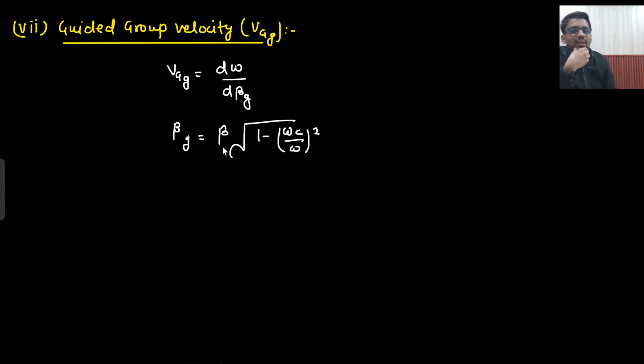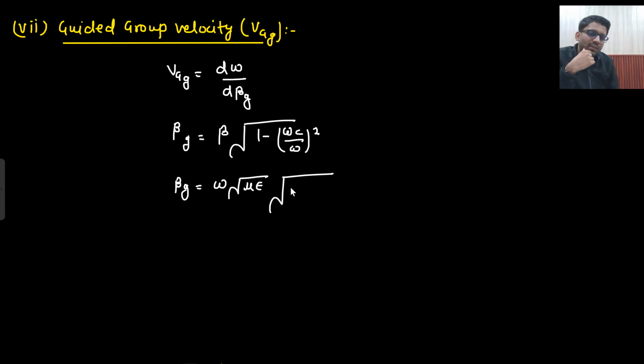Now the dependence of beta g on omega is in this term only. Is that correct? No, there is one hidden term. What is that? Beta is also a function of omega. So beta g is equal to omega under root mu epsilon under root 1 minus omega c by omega whole square.